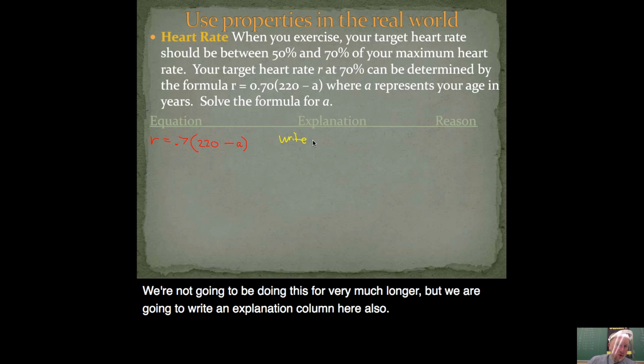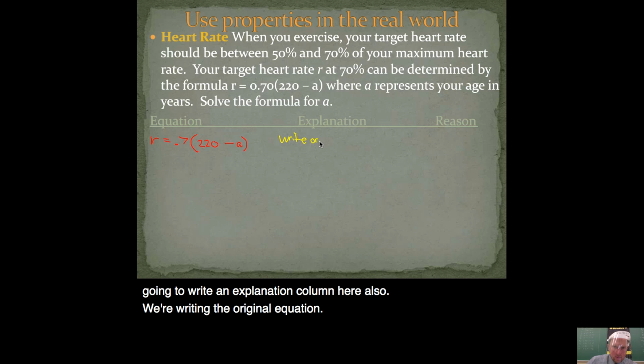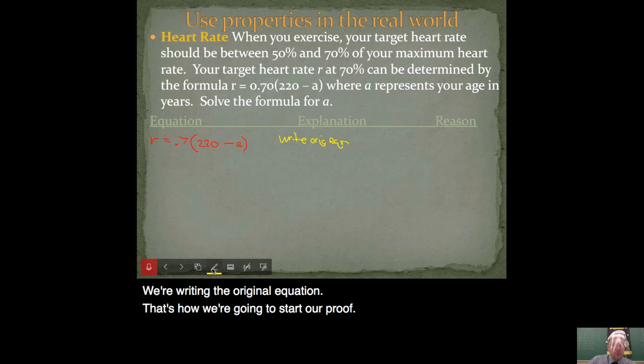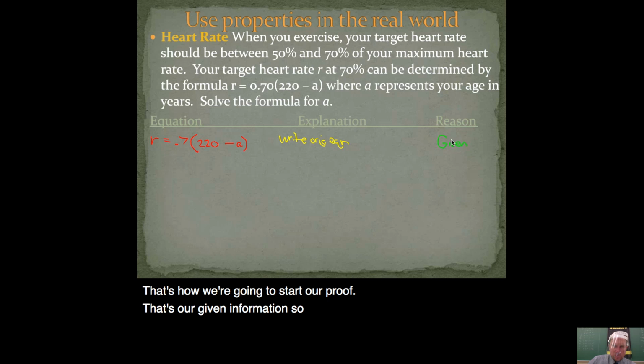We're writing the original equation. That's how we're going to start our proof. That's our given information. So that's our reason. They give you this to start with. Write it down. Write the original equation.